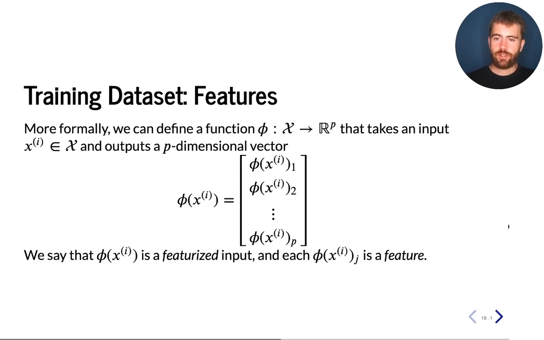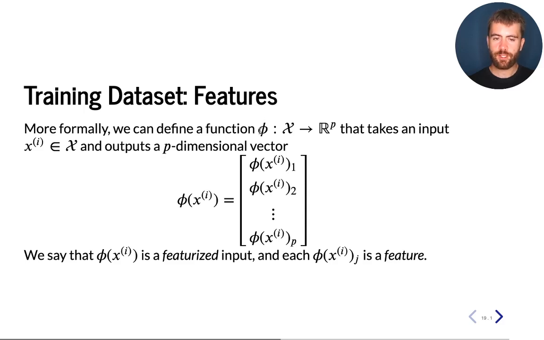Let's now define features a little bit more formally, again using mathematical notation. We're often going to use a function which we're going to denote phi, which is going to be the set of features that we're going to compute.